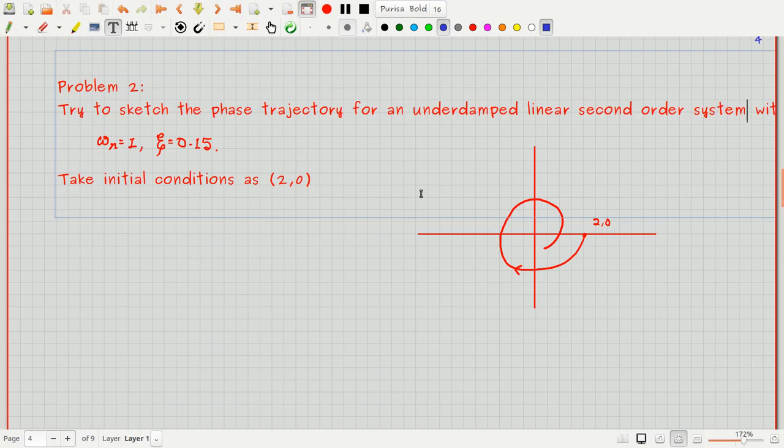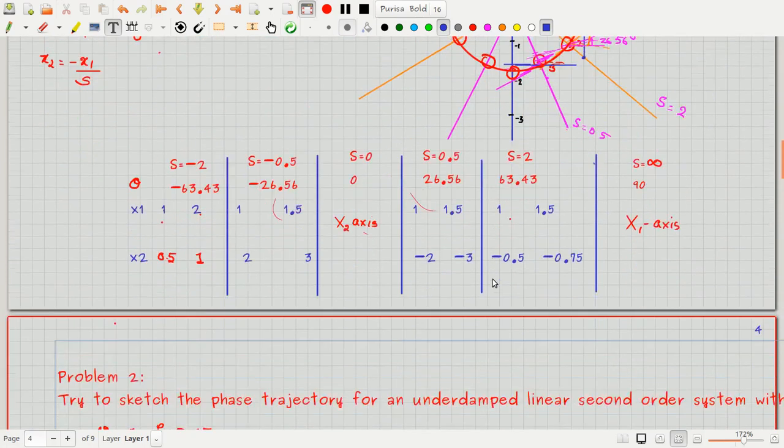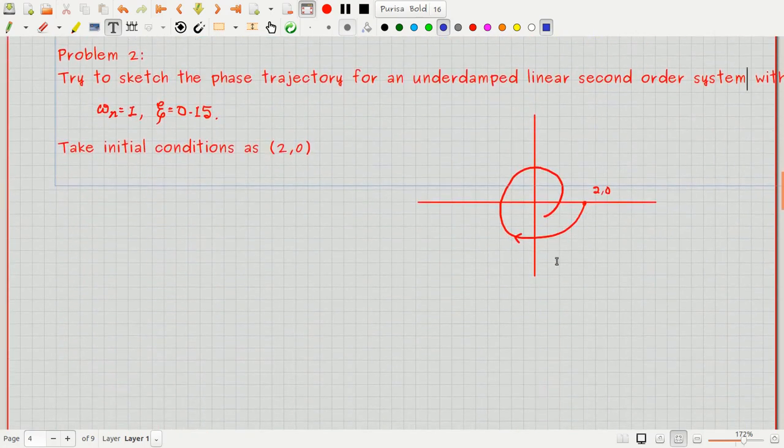First you have to draw the isoclines in the same pattern as this and then start plotting it. You will not go and reach 0. The only thing you have to show is that your trajectory is curving inside. It's not going circular. You have to show that it is damping. If you start from one isocline and then reach near it, that would be sufficient to show it.